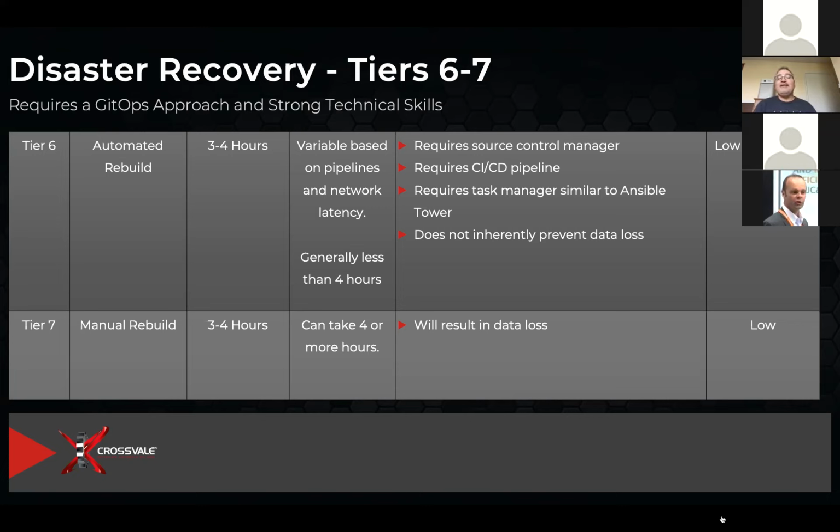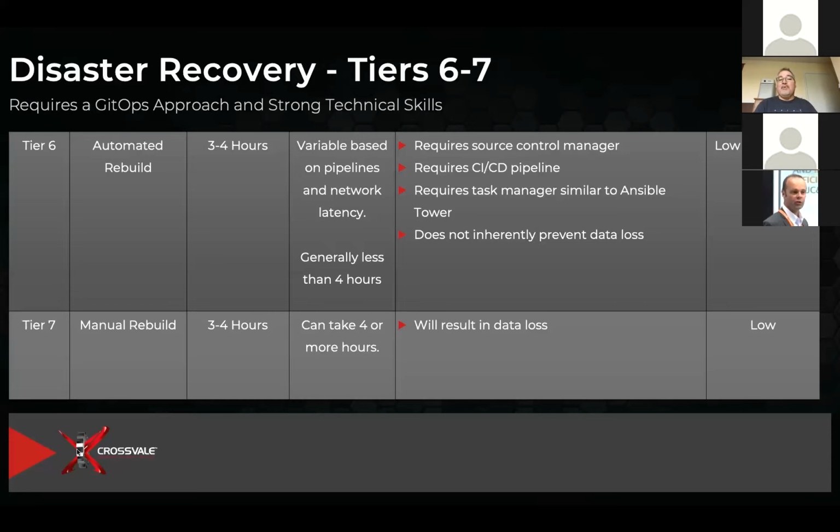And then finally, the manual rebuild, which is kind of exactly what I just said, but worse, right? It's the slogging through all the steps independently. This has to be something that's well documented, your guys are trained on, and you will lose inherently some information out of your cluster. It's just going to happen.